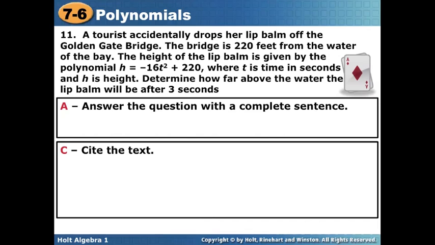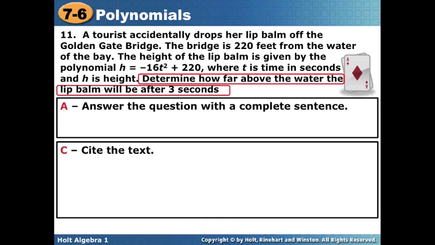We have a tourist accidentally drops her lip balm off the Golden Gate Bridge. The bridge is 220 feet from the water of the bay. The height of the lip balm is given by the polynomial h equals negative 16t squared plus 220, where t is the time in seconds and h is height. Determine how far above the water the lip balm will be after 3 seconds.